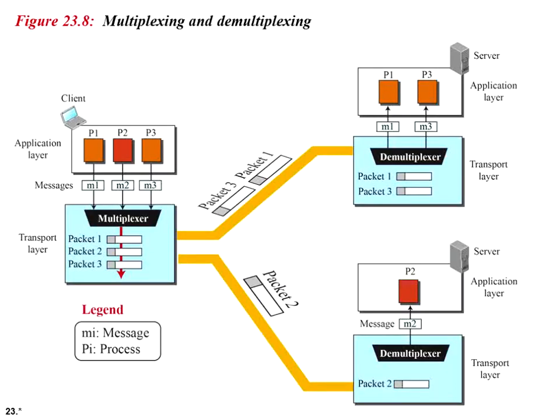Now this figure shows multiplexing and demultiplexing. Whenever an entity accepts items from more than one source, this is known as multiplexing, that is many to one.